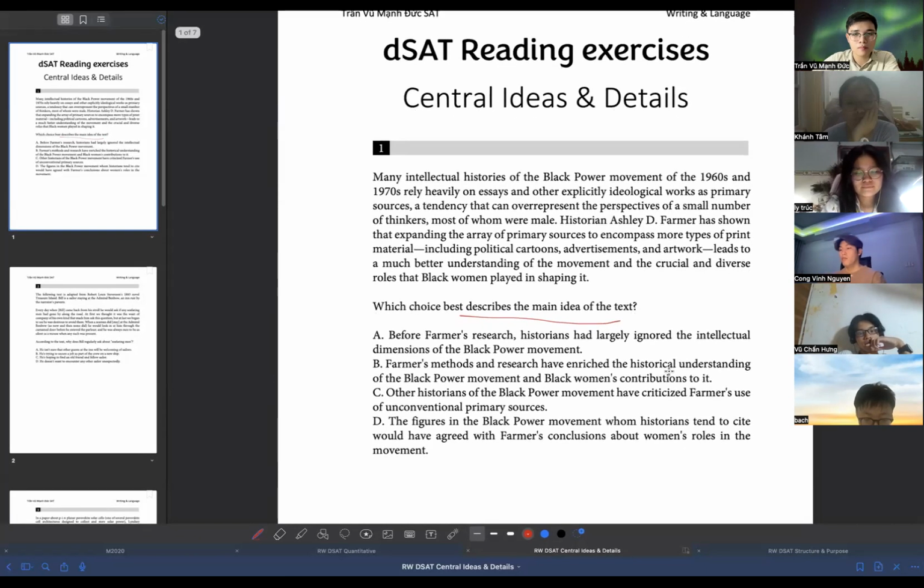So let's see. What is the main idea of the text? When we have to look for the main idea, do we have a sentence to look for the main idea of the text? Who can tell me? What should we look for first in a paragraph? What part of a paragraph should we look for?